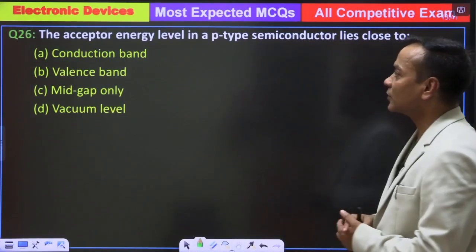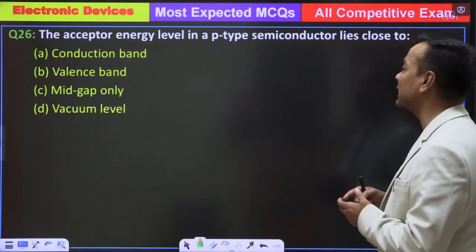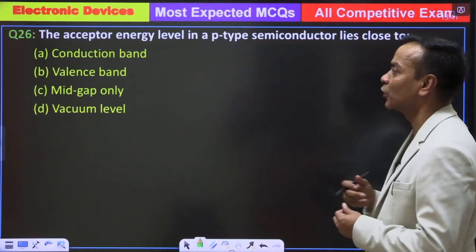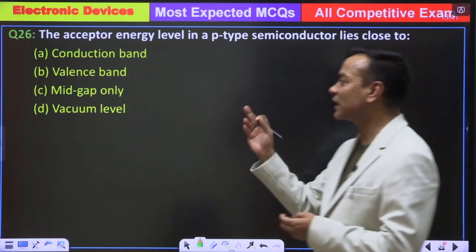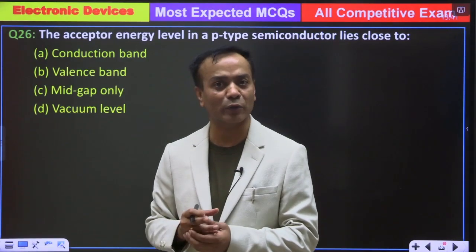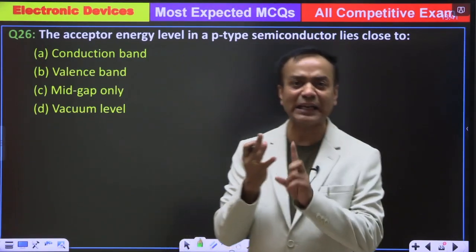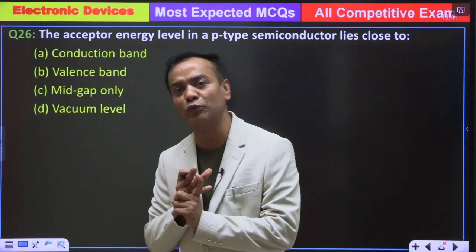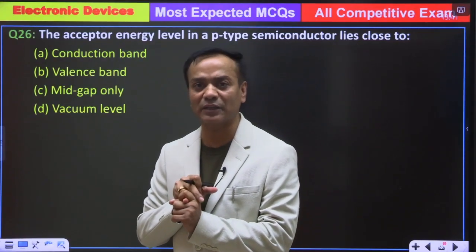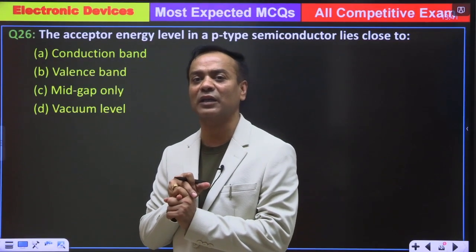Next, the acceptor energy level in a p-type semiconductor lies close to option A conduction band, option B valence band, option C mid-gap band, mid-gap only, option D vacuum level. So earlier also I had explained that for the n-type semiconductor, the donor energy level is very near to the conduction band. Its Fermi energy level is also very near to the conduction band.